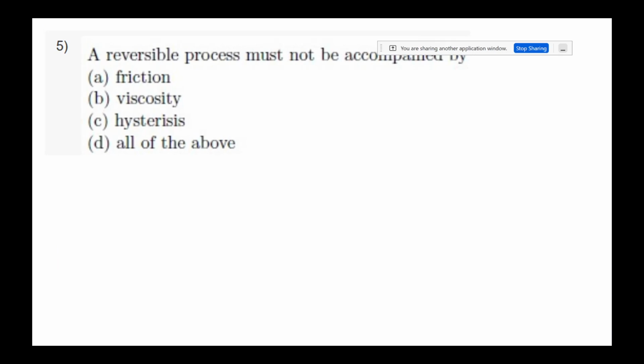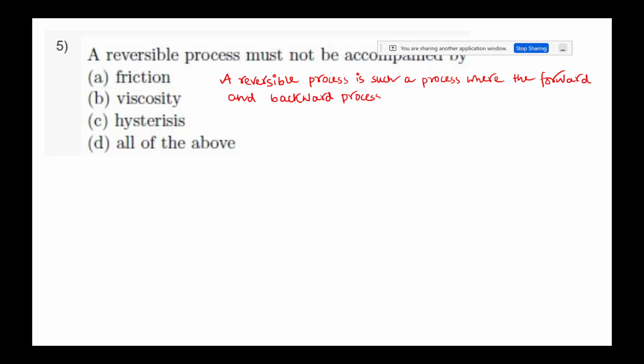So a reversible process is such a process where the forward and backward processes both are equally likely.